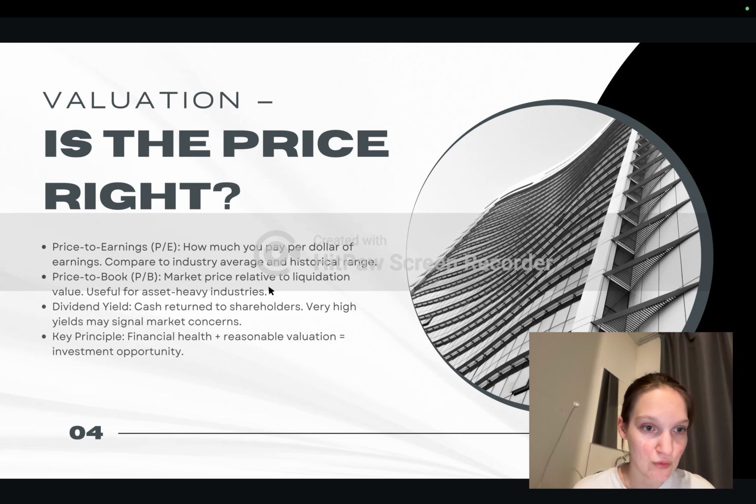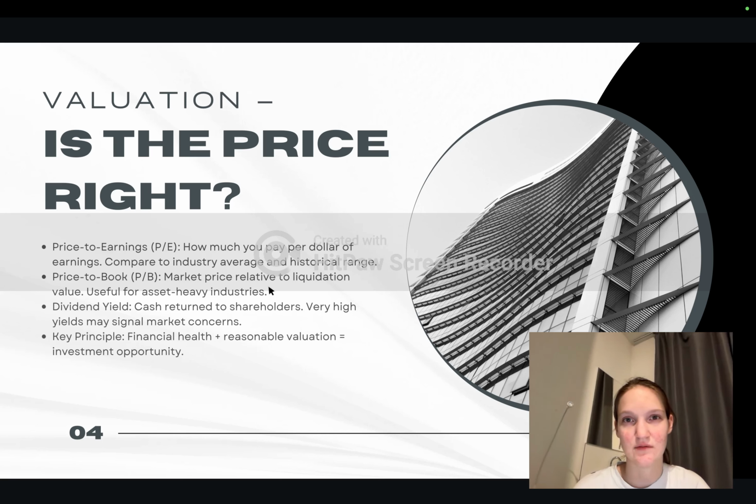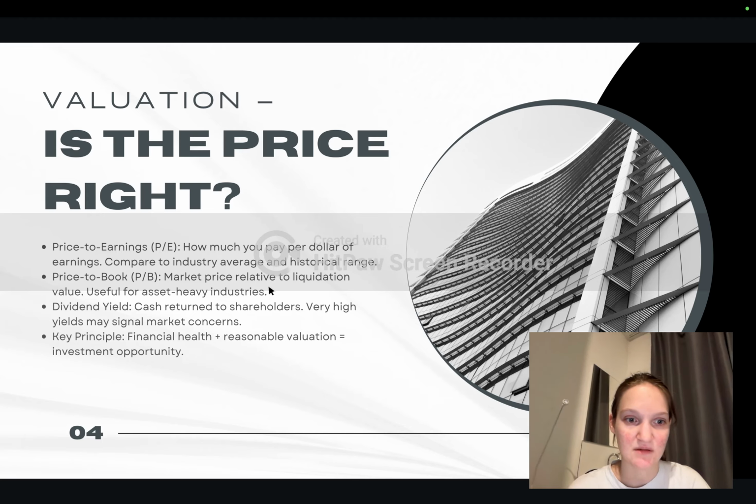Price to book ratio shows market price relative to liquidation value. And dividend yield: if the cash return through dividends is too high, it may be some kind of red flag, maybe indicating market concerns.